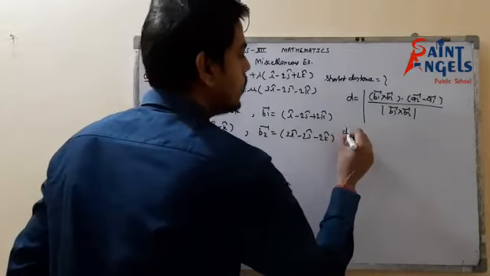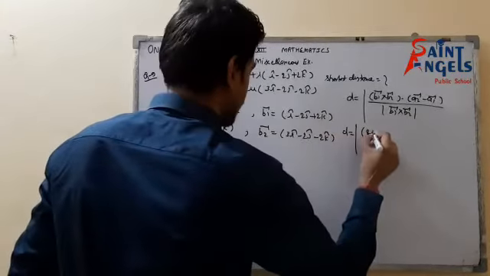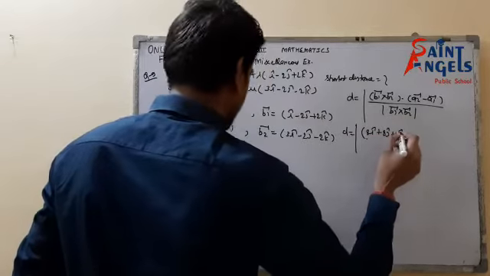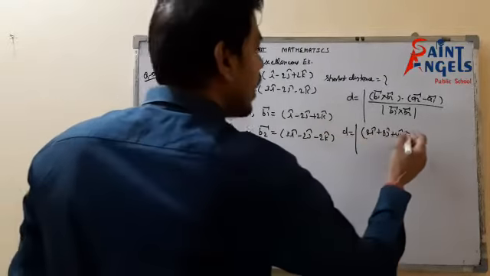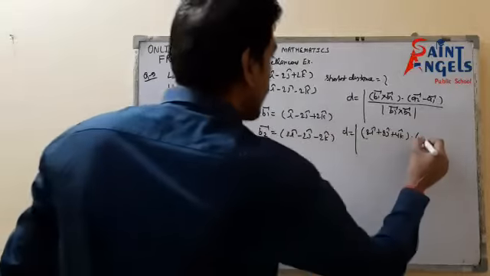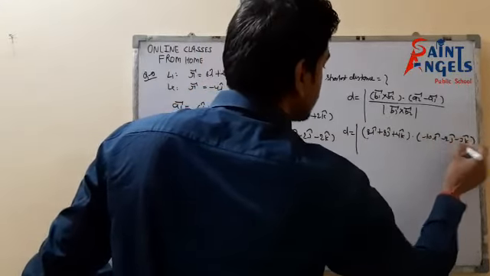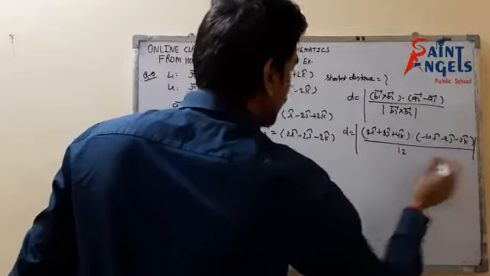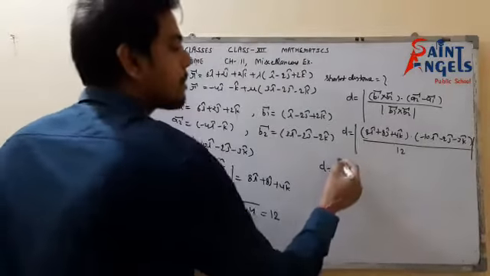So hence D would be equal to 8i plus 8j plus 4k, dot a2 minus a1, that is minus 10i minus 2j minus 3k, upon magnitude of this, that is 12. So now D equals, let us simply do the dot product.